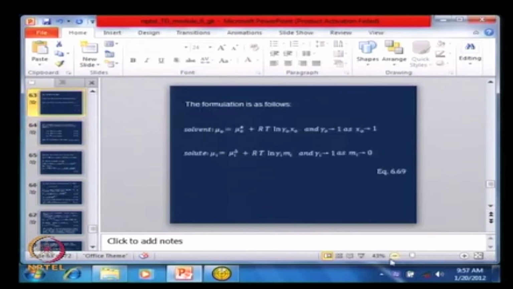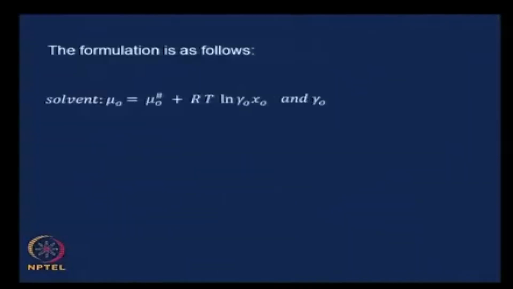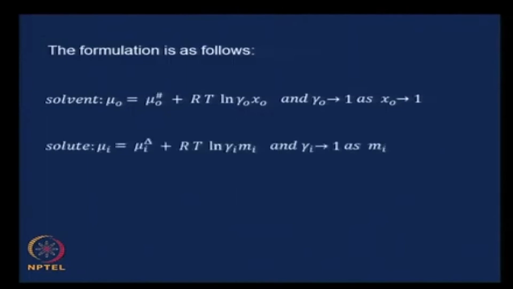This was the formulation for the chemical potential of the solvent and solute in terms of the special way for electrolytes. Solvent remains the same, whereas solute was mu i equals mu i triangle plus RT ln gamma i m i, where m i is in molal units. We are going to look at this particular equation now.